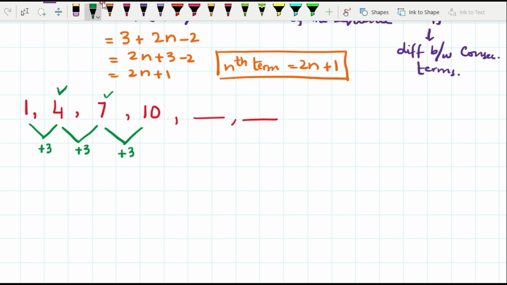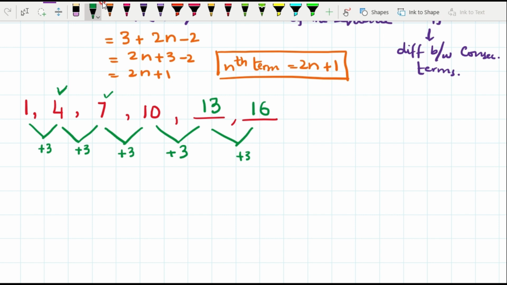So we can easily find the next terms. 10 plus 3 gives us 13, and 13 plus 3 will give us 16. Right.